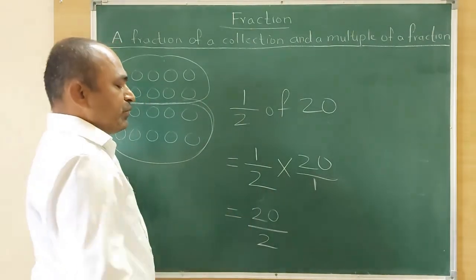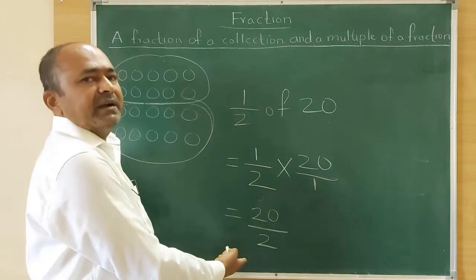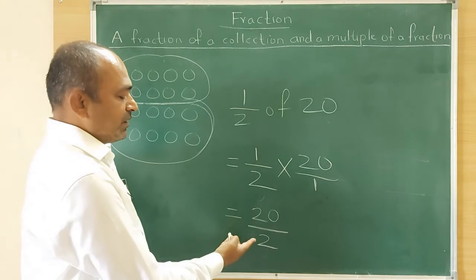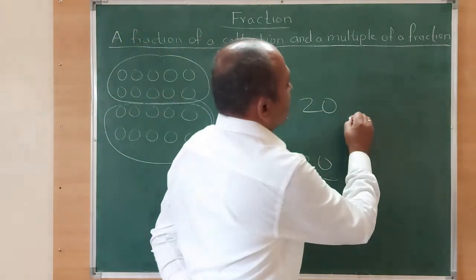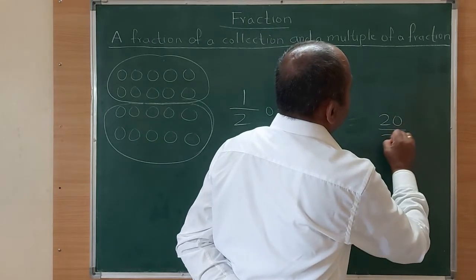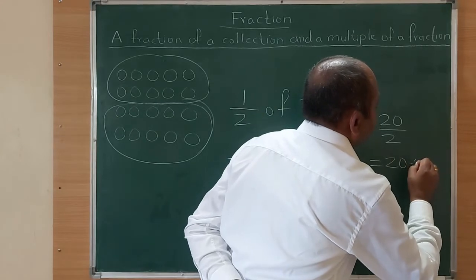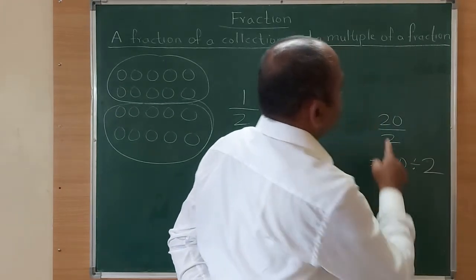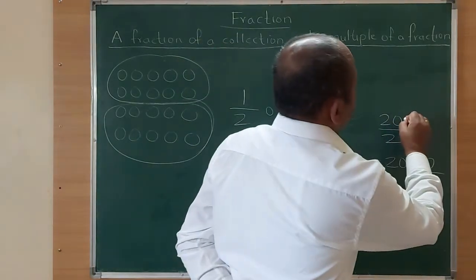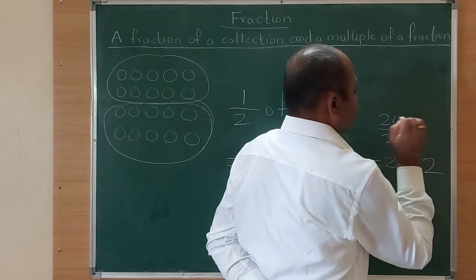So 20 upon 2. Now 20 upon 2 means what? 20 divided by 2. Something upon something, one number upon another, also means division. So 20 upon 2 is equal to 20 divided by 2. This is the dividend and this is the divisor.